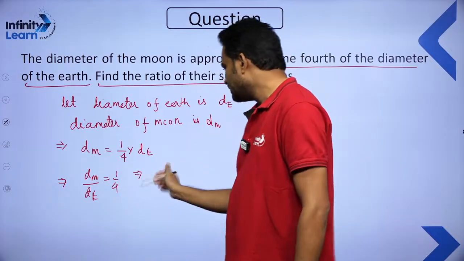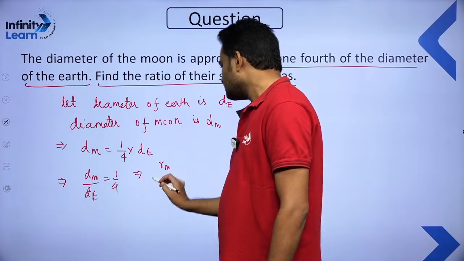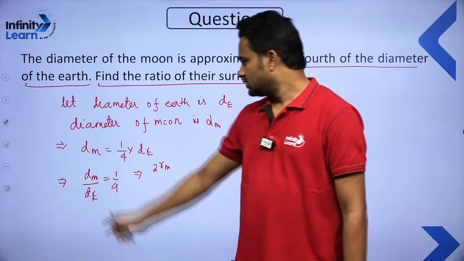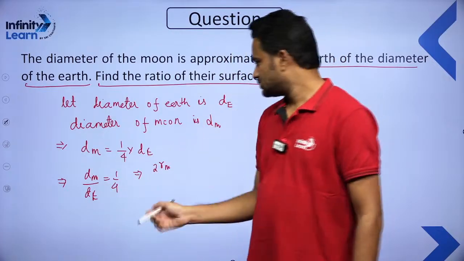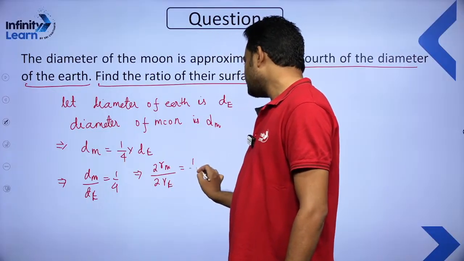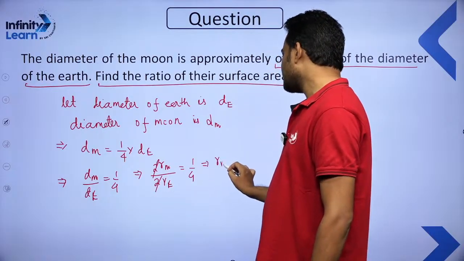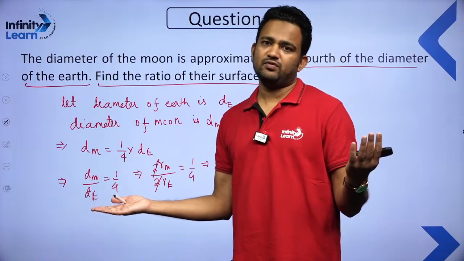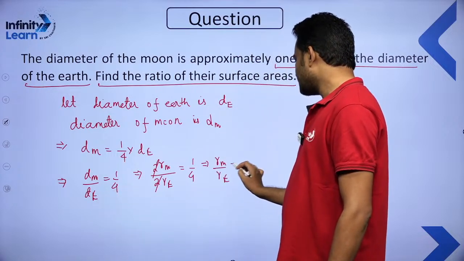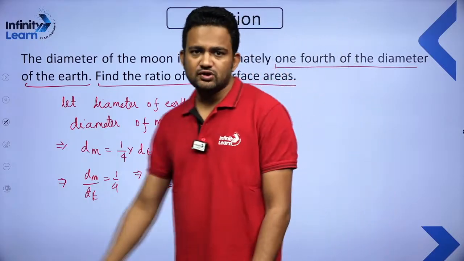Because dm is 2 times rm, since diameter is twice the radius, and this is 2 times re is 1/4. So both 2 and 2 get cancelled out, so we'll get the same ratio. The ratio of diameter is the same as the ratio of radius, which is 1/4.